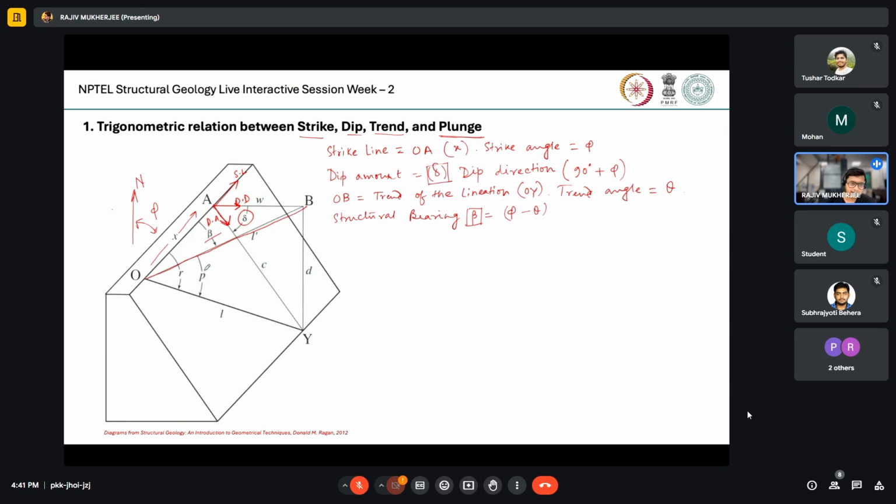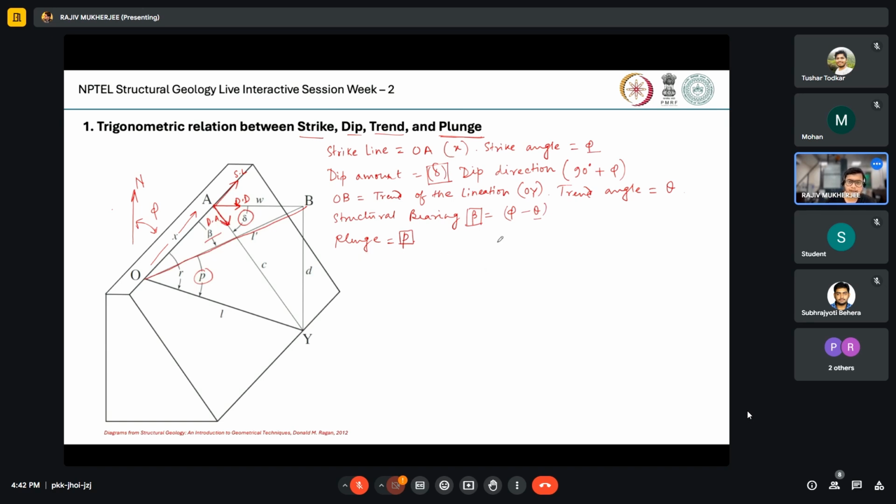Plunge is basically the angle P. So we have to find the relation between P, beta, delta. Okay. And beta by default involves phi and theta. So we will be establishing a relation between phi, theta, P and delta. Right.